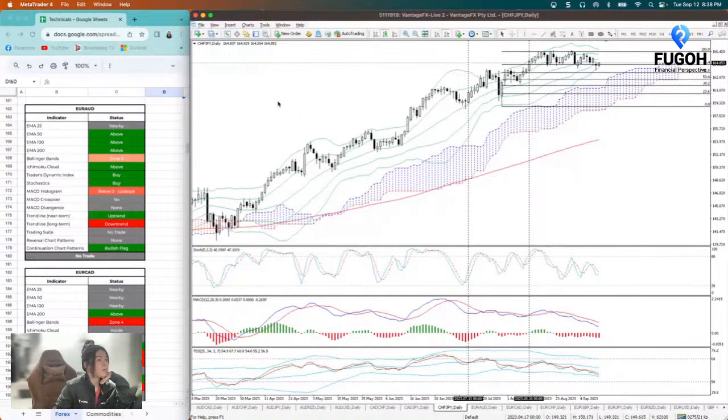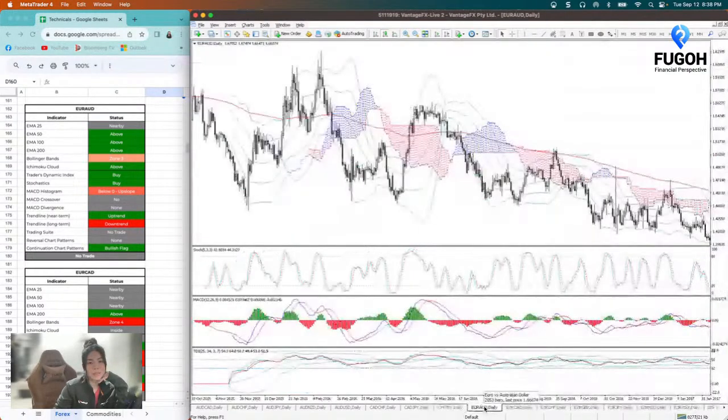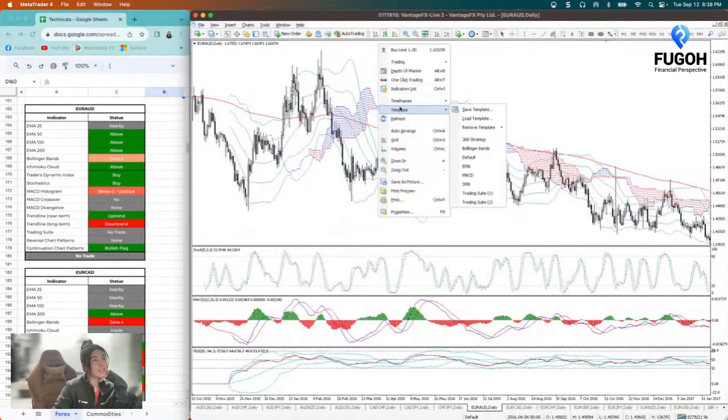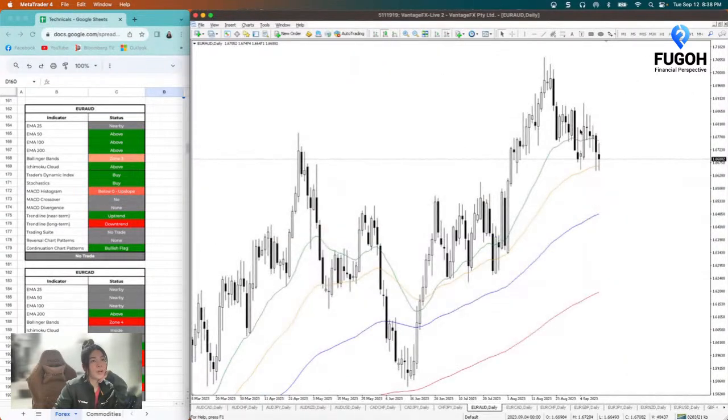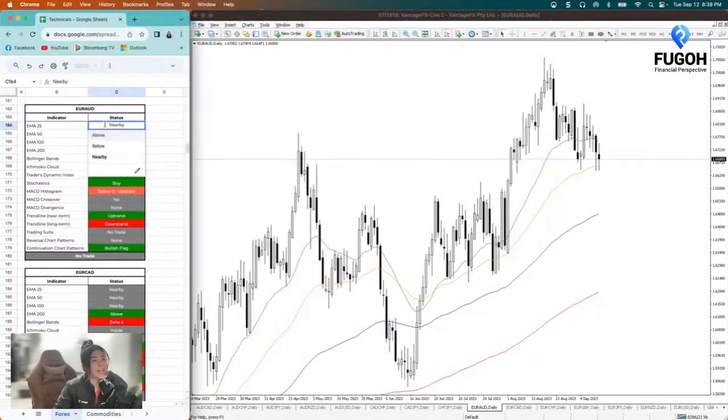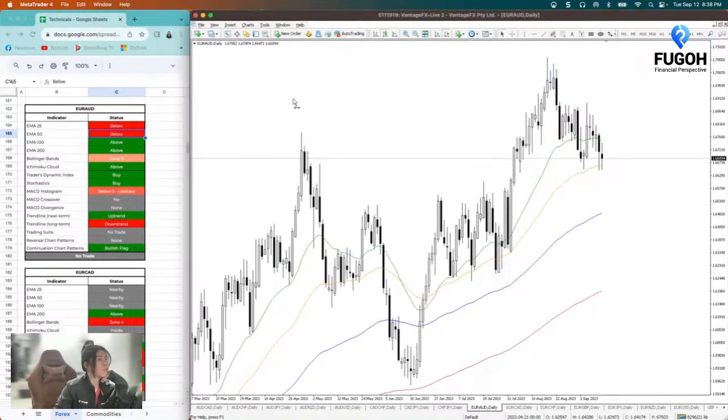Still too early. Euro Aussie. Anything for Euro Aussie? For Euro Aussie, price is already below EMA 25 and nearby EMA 50. And these two are still far, so above.